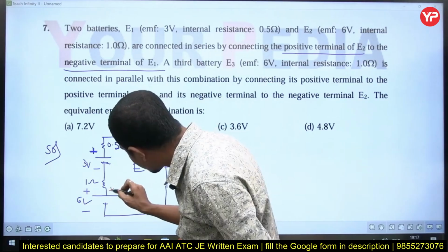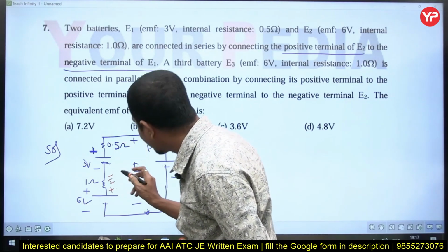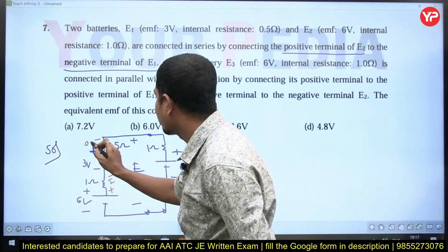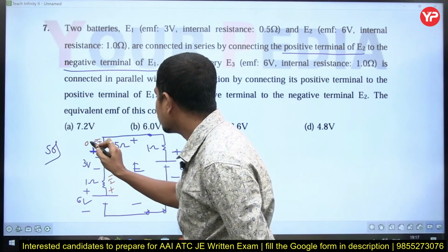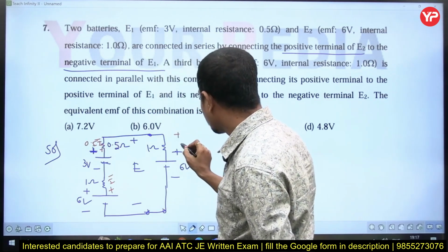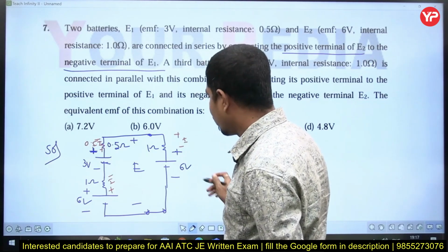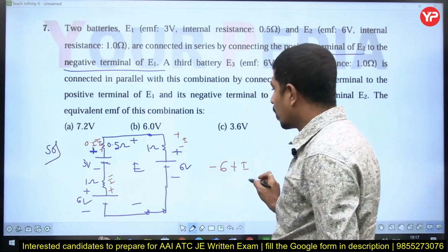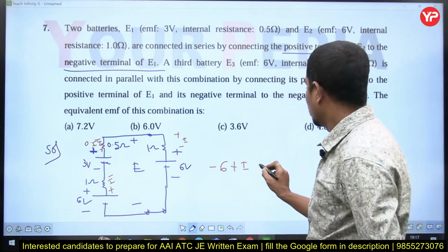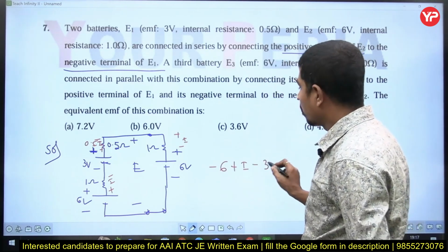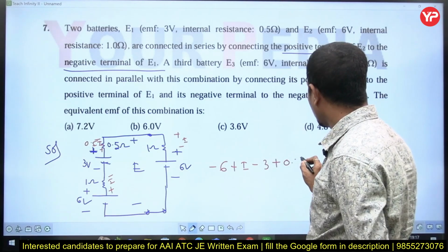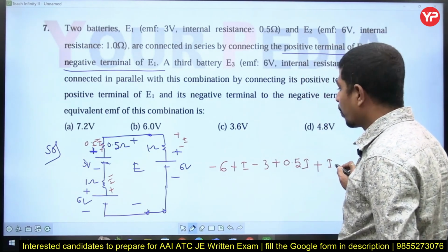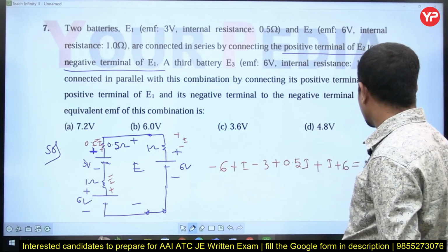Therefore, this is plus, this is minus, I into 1, and this is plus, this is minus, 0.5I. Yes, 0.5I. Again plus minus, this is I. Write the KVL. Minus 6 plus I, minus 3 plus 0.5I plus I plus 6 is equal to 0.